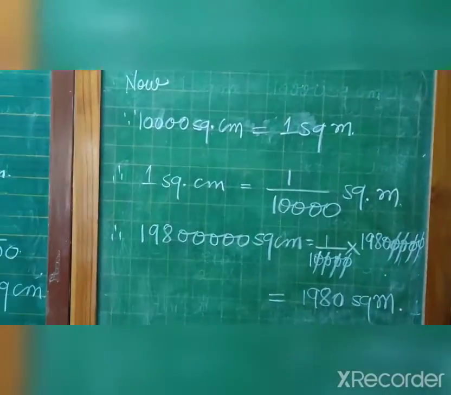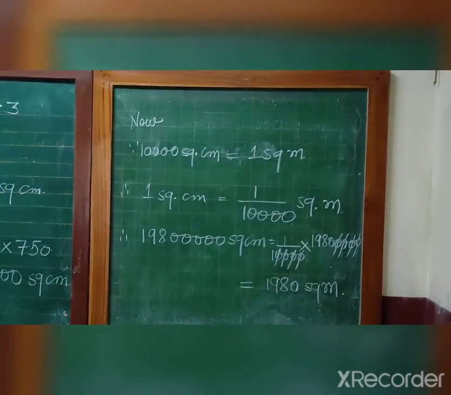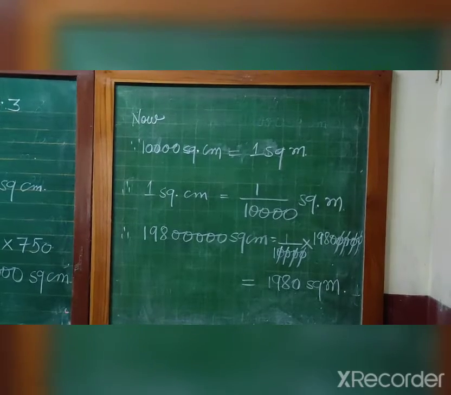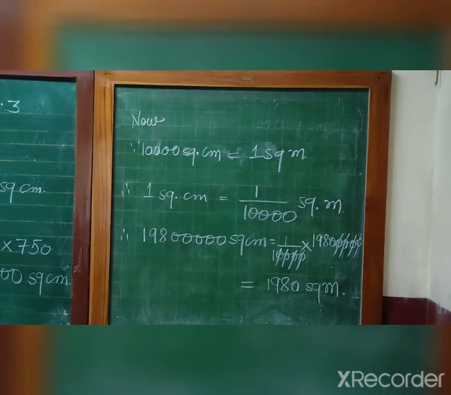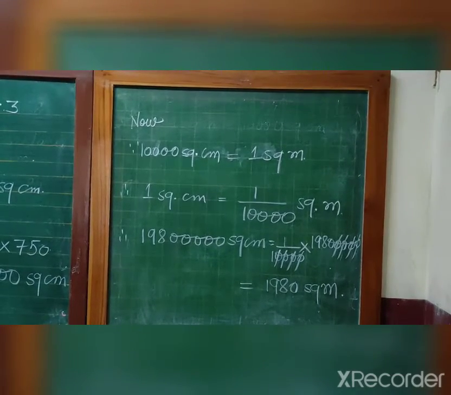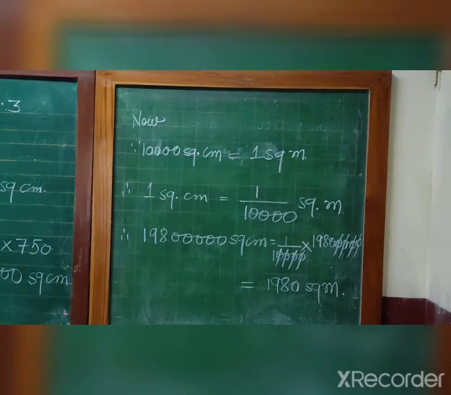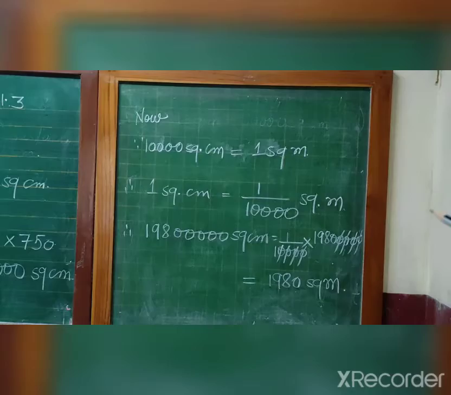Now this square centimeter we will change into square meter, but we know that 1 meter equals 100 centimeter. So again 1 square meter is equal to 10,000 square centimeter, because 1 into 1 square meter, and 100 into 100 centimeter, that means 10,000 square centimeter. So 1 square centimeter is equal to 1 upon 10,000 square meter.